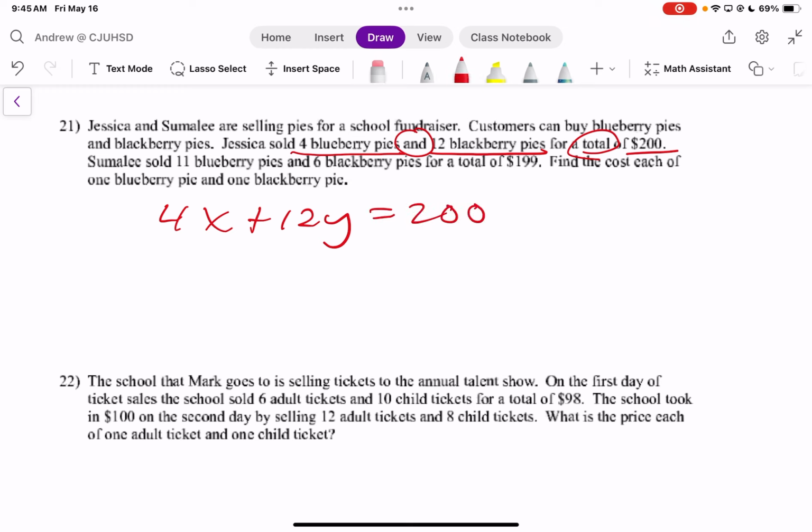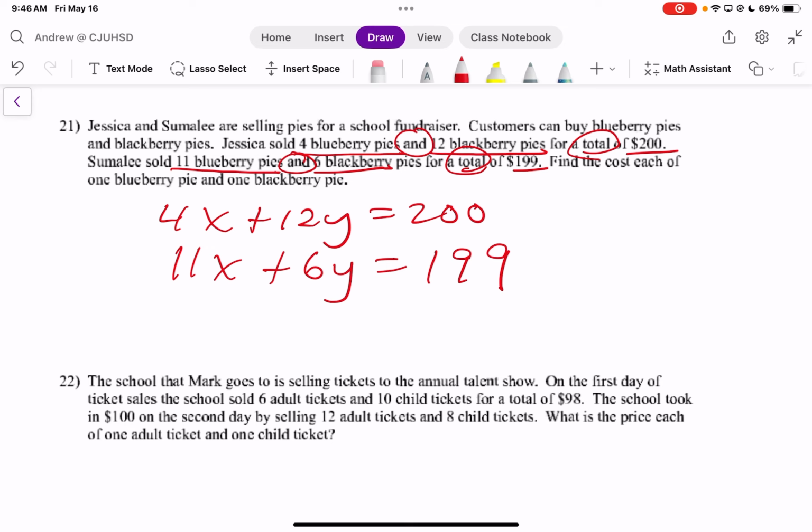And the other equation, same way, 11 blueberry pies and 6 blackberry pies, total 199. That's 11x plus 6y equals 199. Just match the system and move on, and you're done. And there'll be 2 of them.